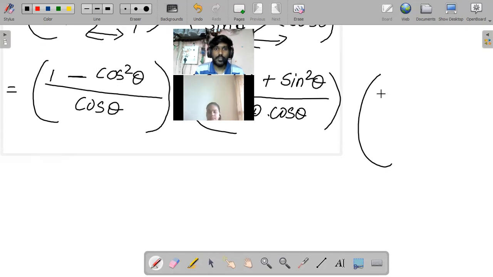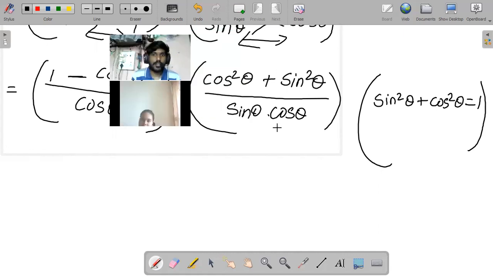Sin square theta plus cos square theta equals 1. Down in the denominator we cannot use it, because it is sine into cos.